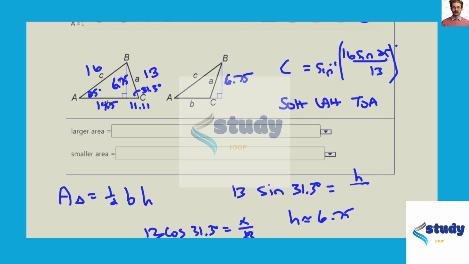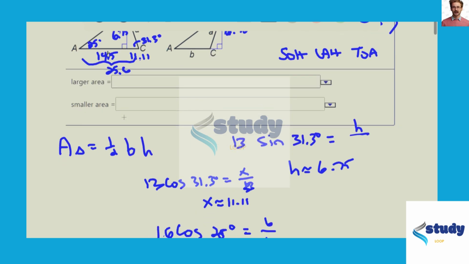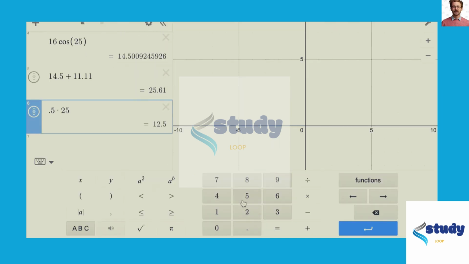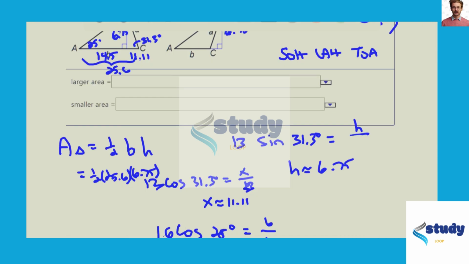I'm just going to go to the nearest tenth now. That area would be 1/2 of 25.6 times the height of 6.75, or 86.4.